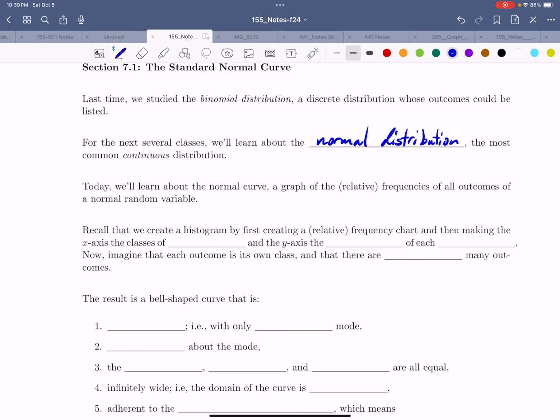Remember that the x-axis consisted of classes of, either groups or outcomes, right, numerical outcomes. The y-axis was the frequencies of each outcome, right? And now what we're going to imagine is that there are infinitely, in fact, uncountably many outcomes.